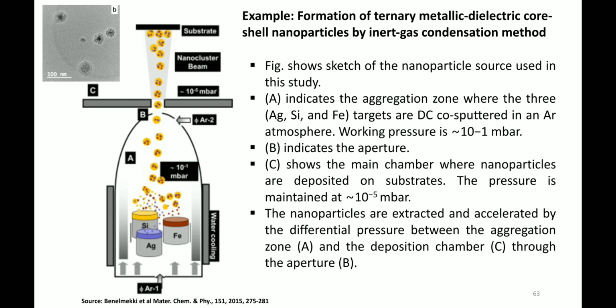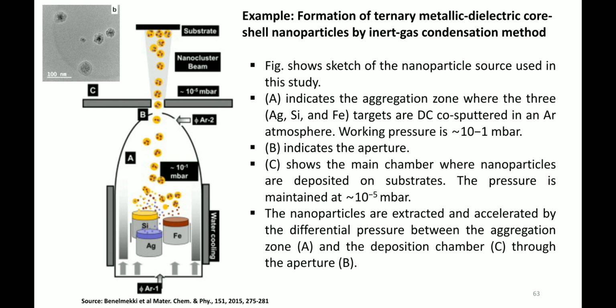So you can see some of the regions are represented with the letters A, B, and C. So these are the three major regions. A is indicating the aggregation zone, where the silver, silicon, and iron targets are DC co-sputtered in an argon atmosphere.